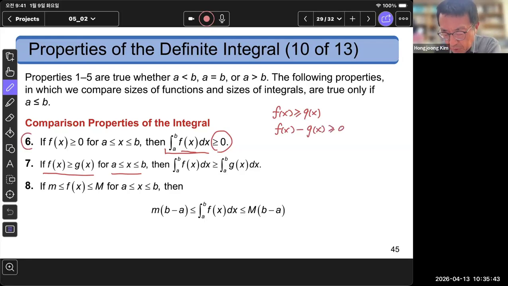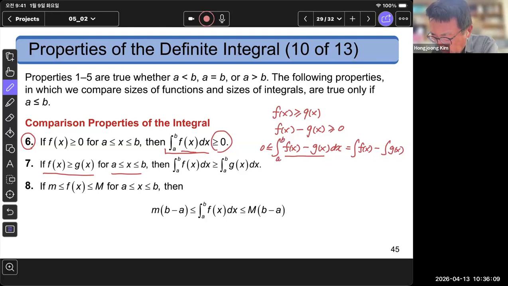Then by property 6, the integration of f of x minus g of x will be non-negative. Then property 4 says the integration of this difference will be the difference of the integrals. So that is non-negative, which means the integration of f will be greater than the integration of g of x.